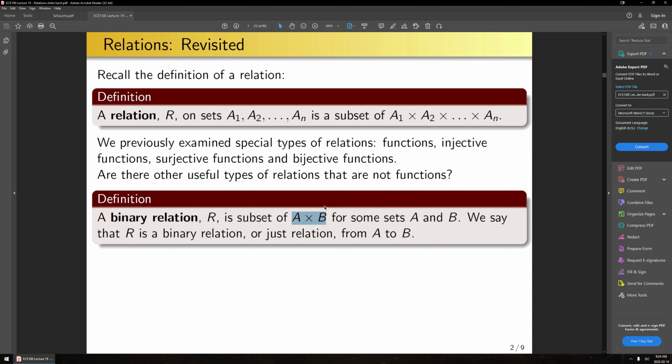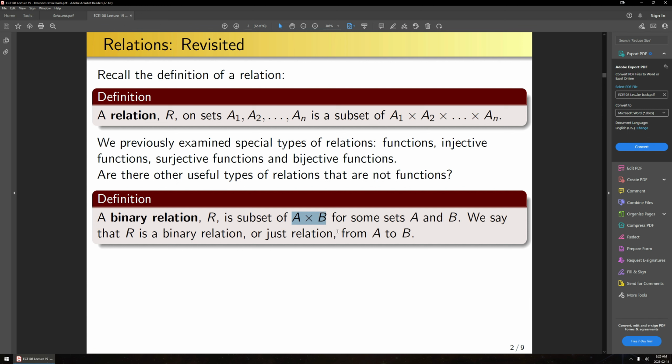Here you can just think of binary relations as a subset of some collection of ordered points in two-dimensional space, right?